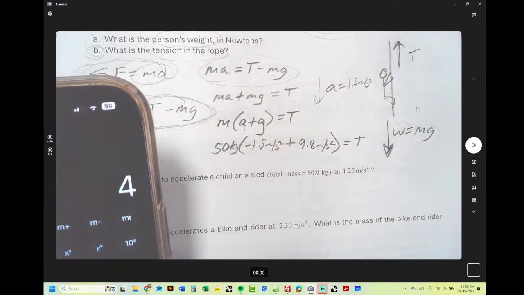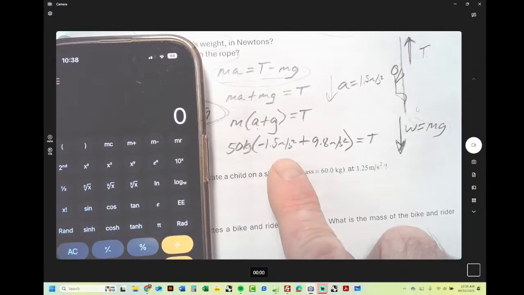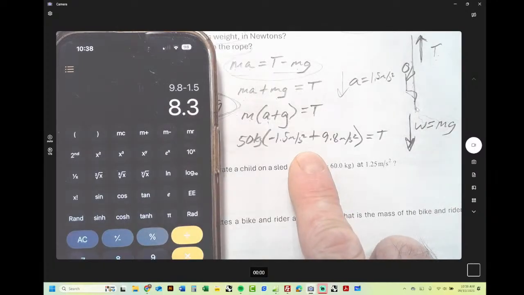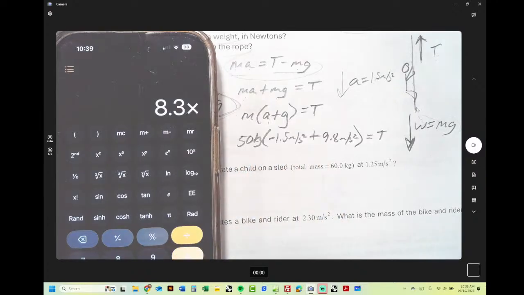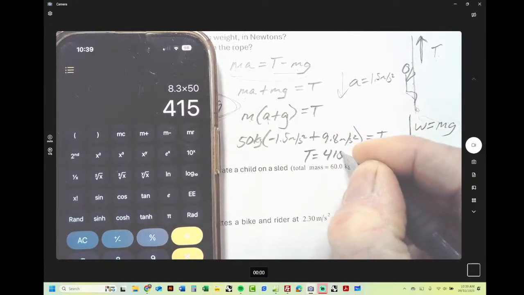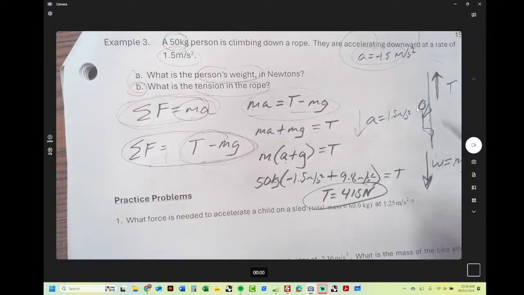I wouldn't recommend it. I'd just derive it every time. But 9.8 minus 1.5 is 8.3. So 8.3 times 50 is 415. So T equals 415 newtons. That's the tension in the rope.